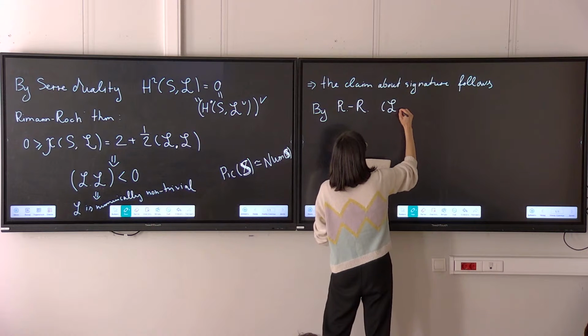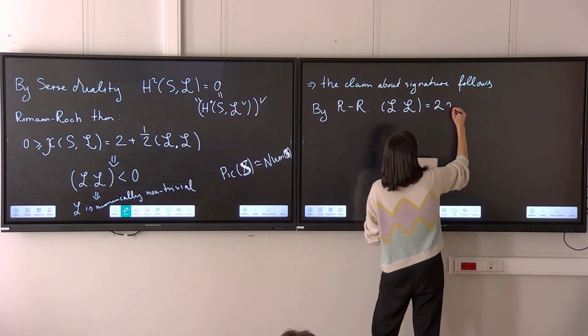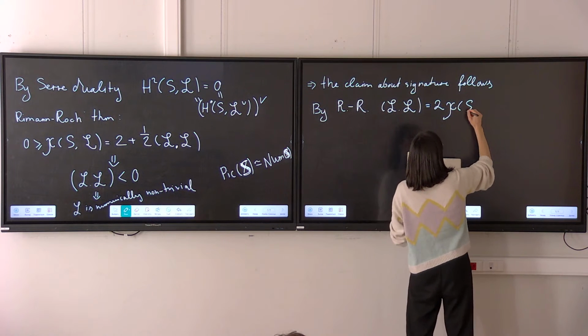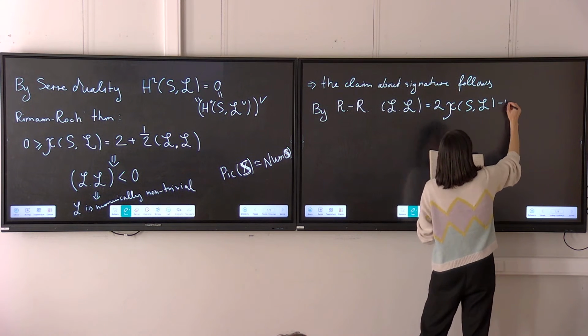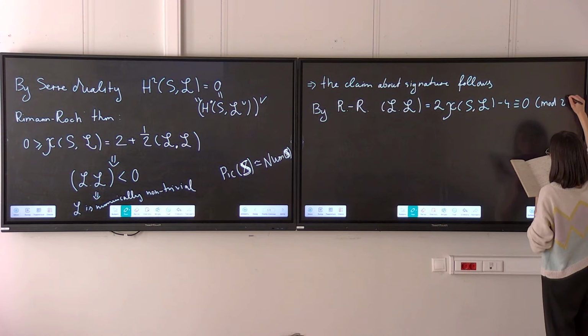By Riemann-Roch the self-intersection is equal to 2L minus 4, and this is equal to 0 mod 2.